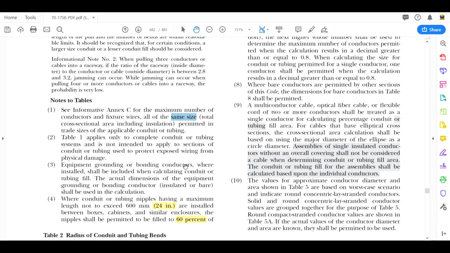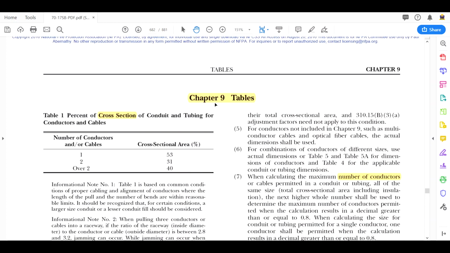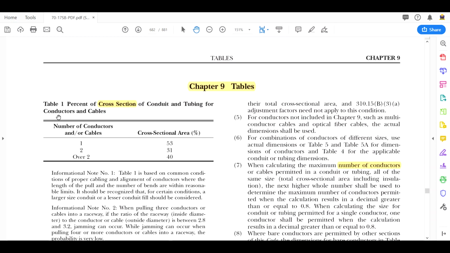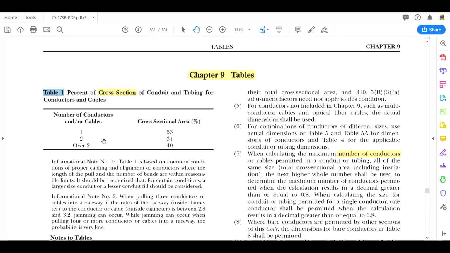So let's get started. Here we are, Chapter 9, and we have an assortment of tables that we just talked about that are referenced in all these notes. So they're all applicable. First things first, Table 1. Table 1 is telling us, if I've got a raceway and I put one conductor in it, then I can fill that raceway with a conductor that doesn't exceed 53%.